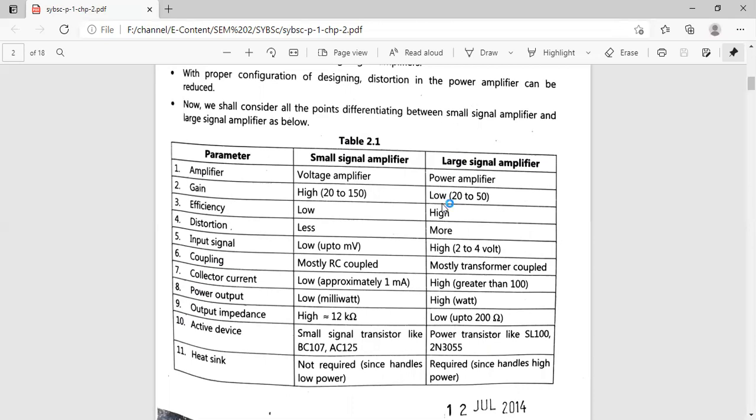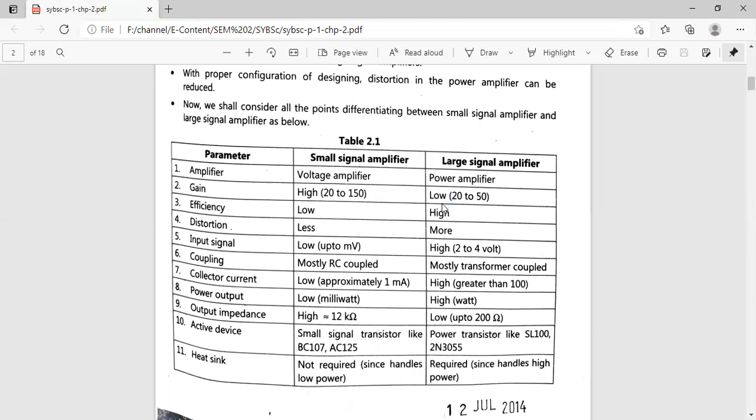After that, coupling. In a small signal amplifier, RC coupling is mostly used, and in a power amplifier or large signal amplifier, we mostly use a transformer coupled amplifier. After that, collector current. Collector current is low in a voltage amplifier, about 1 milliampere, and in a large signal amplifier, it is more than 100 milliamperes.